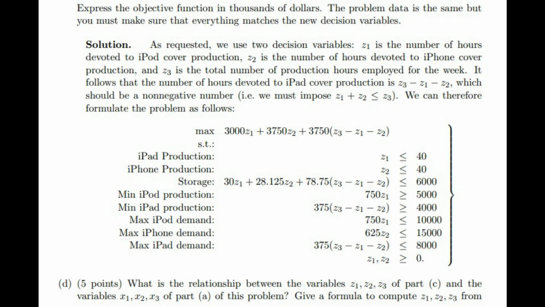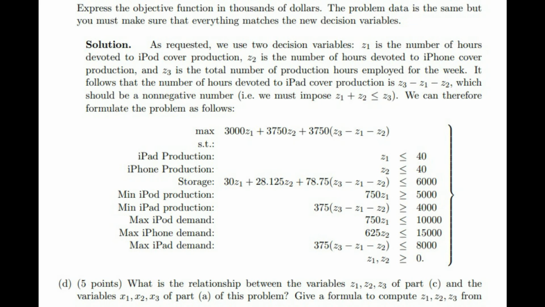Maximize 3,000 Z1 plus 3,750 Z2 plus 3,750 times (Z3 minus Z1 minus Z2). iPod production: Z1 is less than or equal to 40. iPhone production: Z2 is less than or equal to 40.